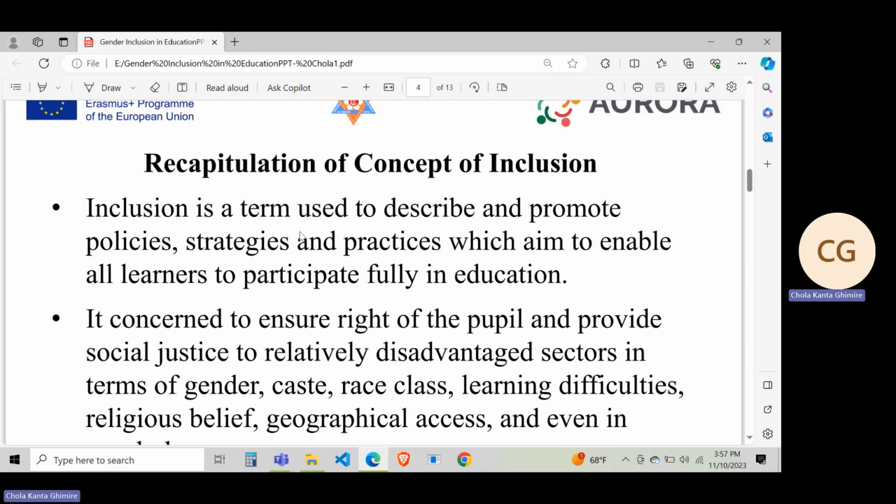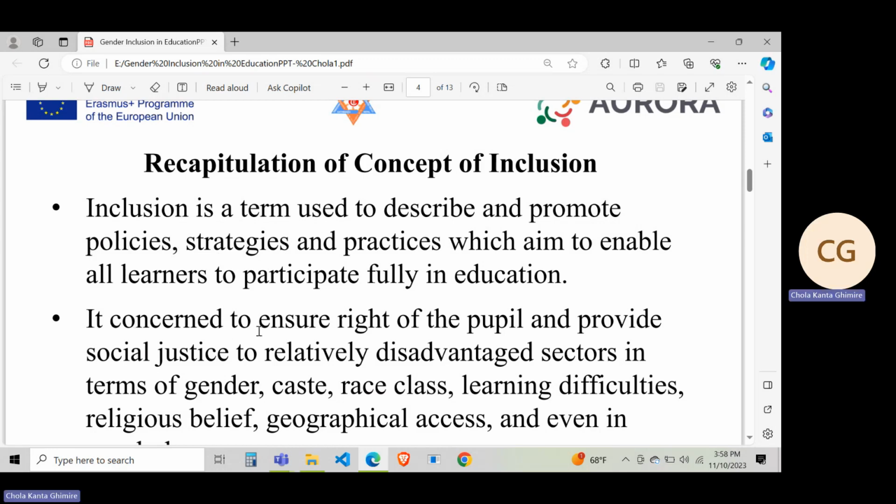These three things: to make education inclusive through policies, through strategies, and through practices. This definition is focusing on three major aspects.